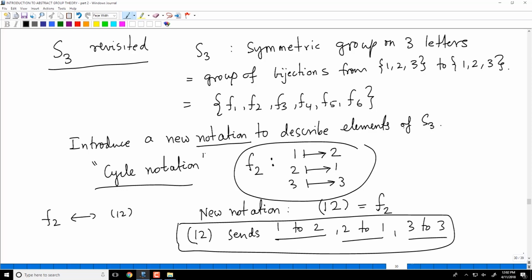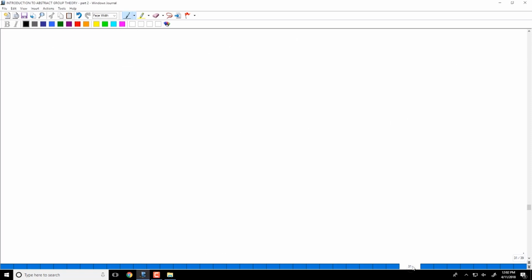So in the same way, if you use this notation, what does F3 do? F3 sends 1 to 3, 3 to 1, 2 to 2. So in the new notation I am introducing, I start with 1. Where does 1 go under this? It goes to 3. So I put 3 next to 1.